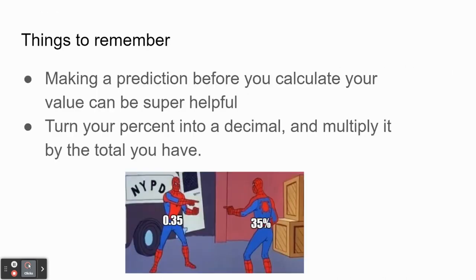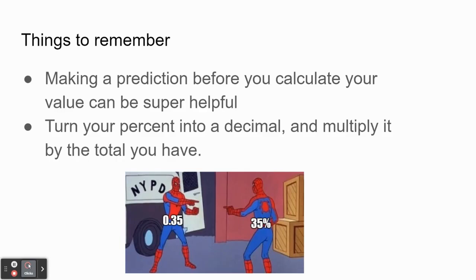So a few things to remember from this video. Making a prediction before you calculate your value can be super helpful. In the example that we did, we were able to tell that we were definitely correct because our prediction was so close to what we actually found as an answer. It's not always going to be exactly your answer. That's okay.